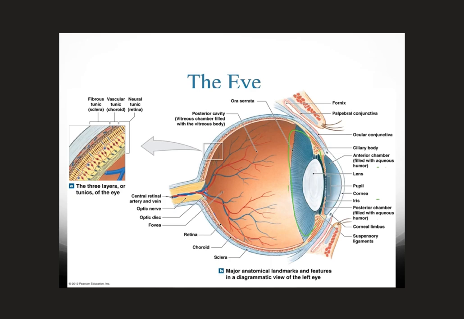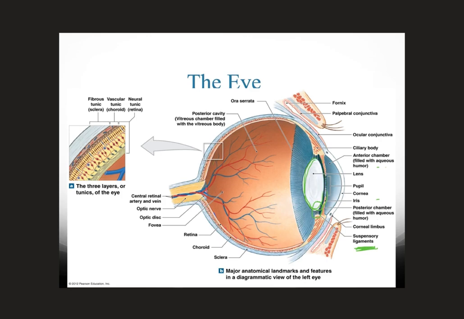So these are the main structures that we need to talk about. Maybe one more structure: the suspensory ligaments, which are present right over here. And they're basically going to hold the lens. So the lens is what's going to be shaped through the suspensory ligaments to focus objects that are either close or far away.